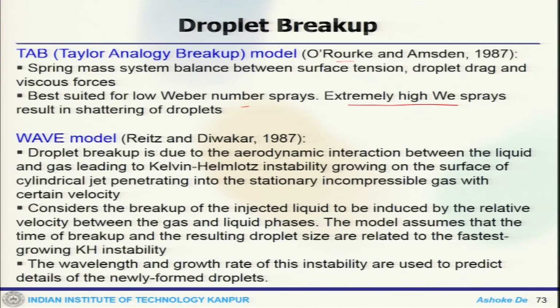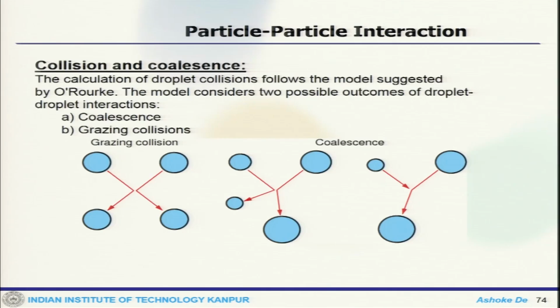Kelvin-Helmholtz instability growth. So here the collision and the coalescence are based on either coalescence or grazing collision. The coalescence occurs if the impact parameter is lower than the critical value. So the number of coalescences for each collector is then found and used.